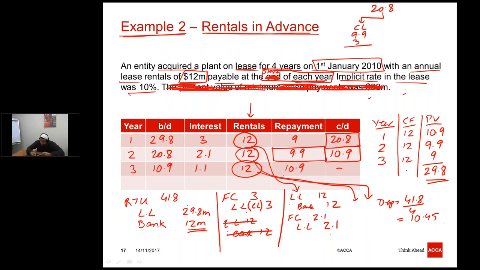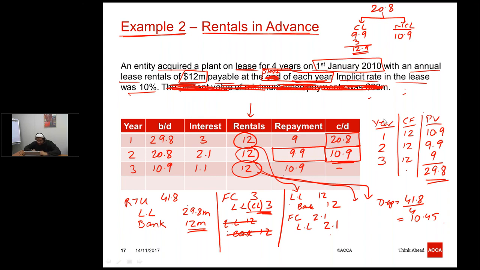Which 3? This 3. So the total would become 12.9 and the non-current liability is actually 10.9. This is how we have calculated the current and the non-current liability.